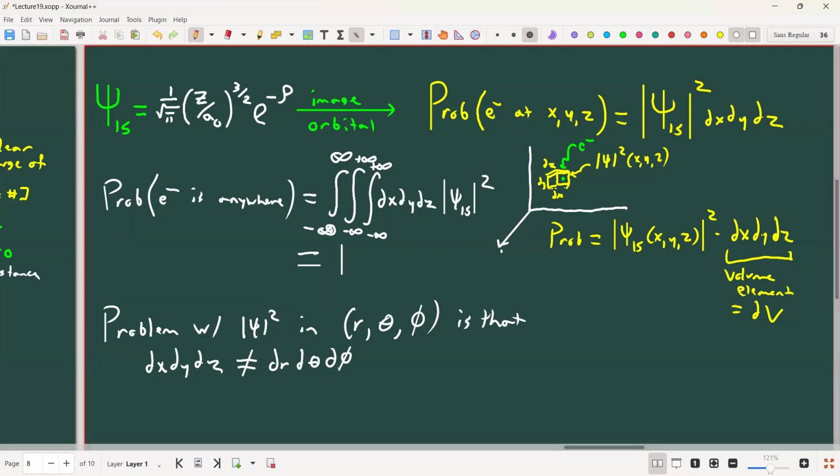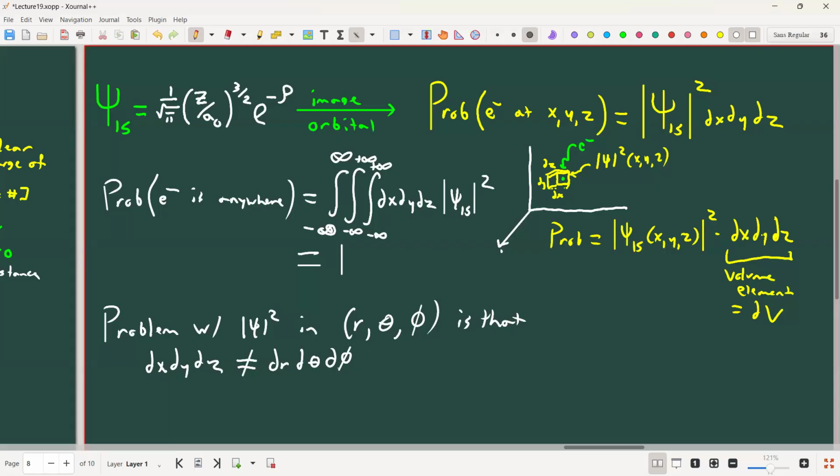There's a unit conversion. X doesn't correlate to r, y doesn't correlate to theta, z doesn't correlate to phi. There's a conversion between all of them.